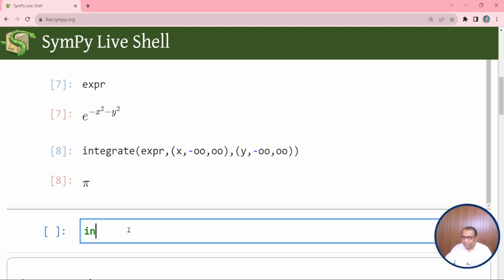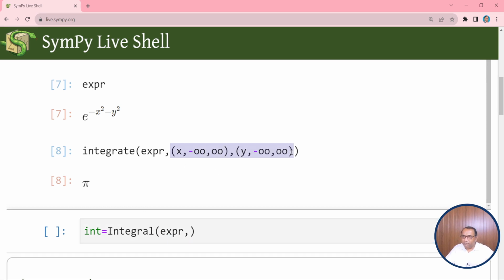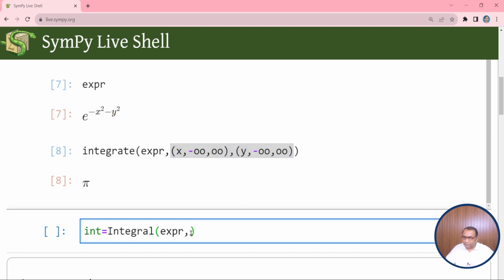The other way: you can use int is equal to, int is again a new assignment variable, and we are using integral here. Then we have expression, comma, and the limits which we used before, copy and enter them at their place.